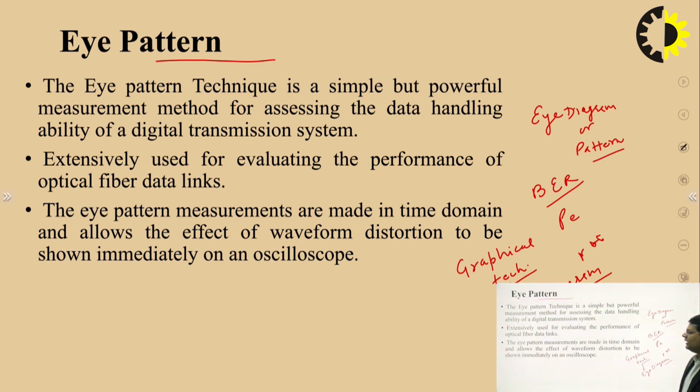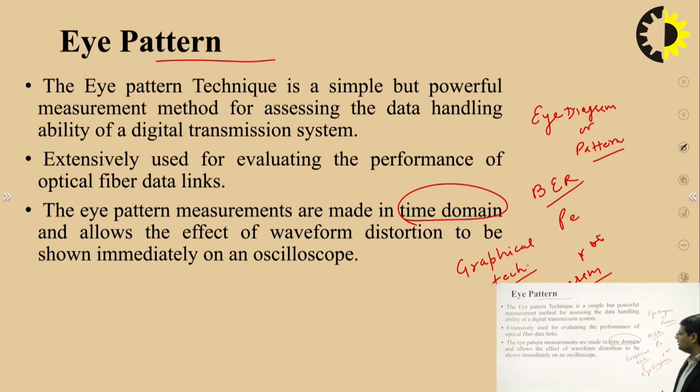Eye diagrams are basically diagrams or graphs for any communication system in the time domain. So these are graphs in the time domain for analyzing the performance of any communication system.